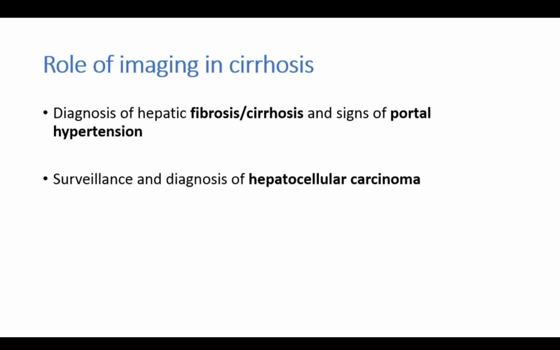And the role of imaging in cirrhosis. What's our role in diagnosing liver cirrhosis? We have a great role in diagnosing hepatic fibrosis, cirrhosis, and signs of portal hypertension. Also, we have a role in diagnosis and surveillance of hepatocellular carcinoma.